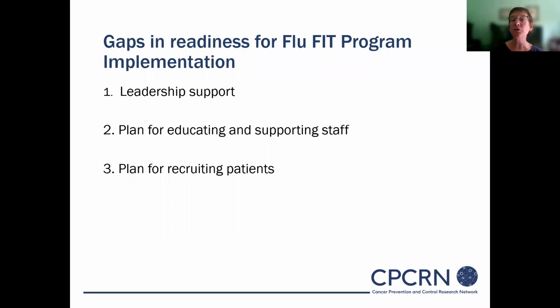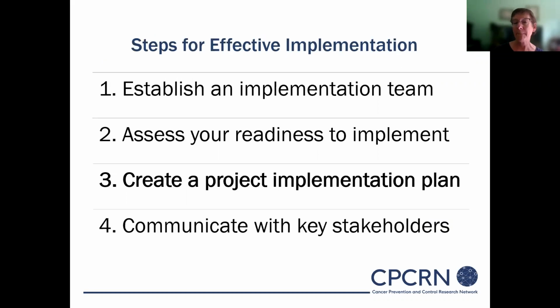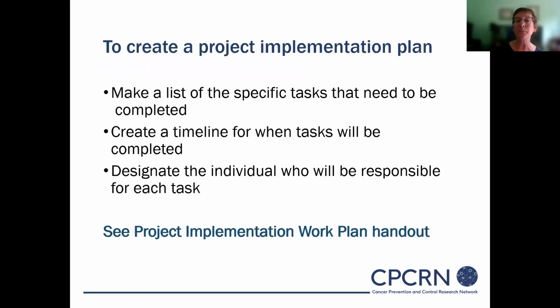So once you've done your readiness assessment, you've identified some areas where you need to do a little bit of work. You need to get the leadership support, you need to plan for educating and supporting staff, and you need to develop a plan for recruiting patients. All of these steps can go into your project implementation plan, which is the next step, is to create a project implementation plan.